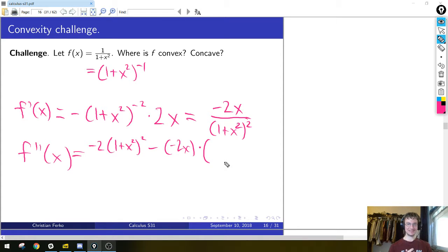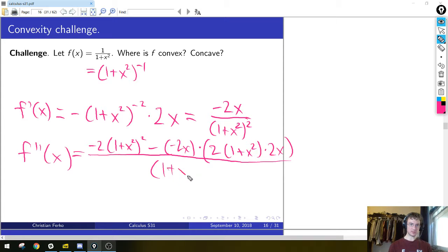So this is going to be 2 times 1 plus x squared times 2x. Times 2x. Okay, good. I think that's right, if I didn't make any mistakes transcribing what you just told me. And then, of course, that's all over this thing to the fourth now. Okay, so I guess we have to simplify the top, because we actually want to know whether this is positive or negative. So, minus minus.